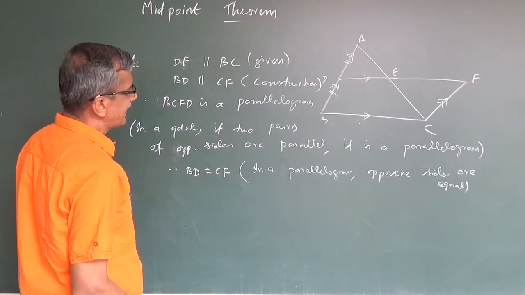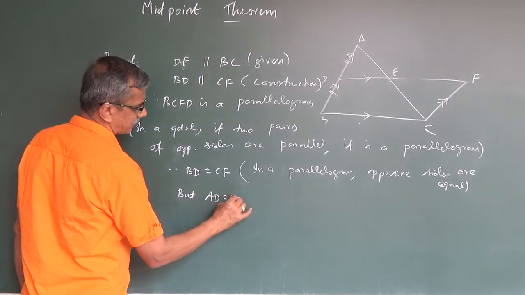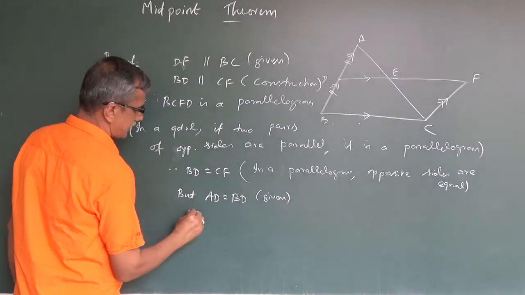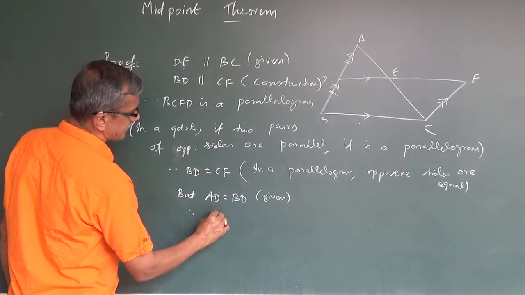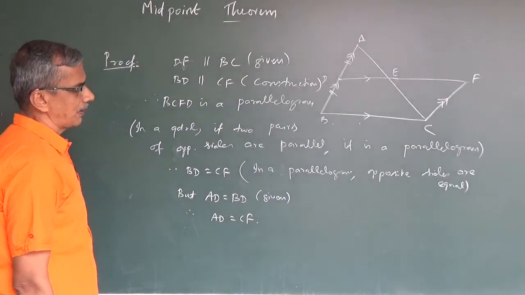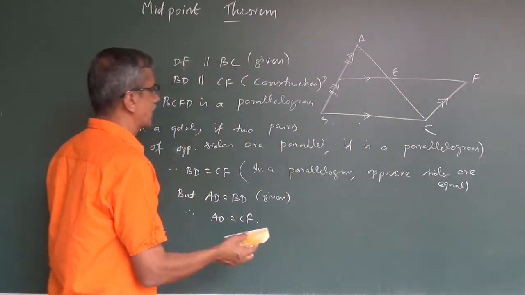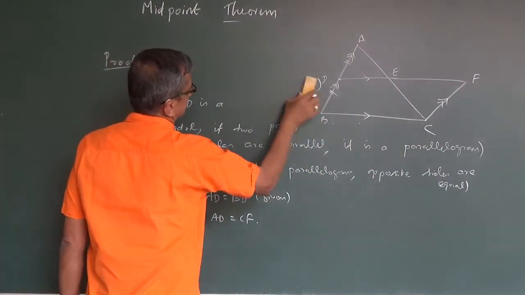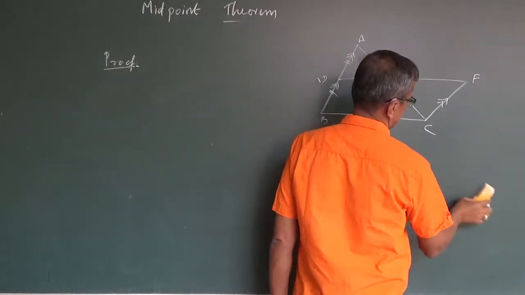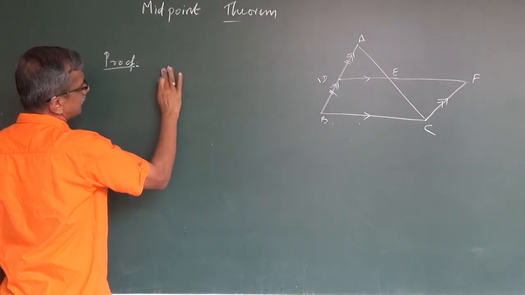AD, but AD is equal to BD, given. Therefore, AD and CF are equal. Now we have proved that AD and CF are equal.